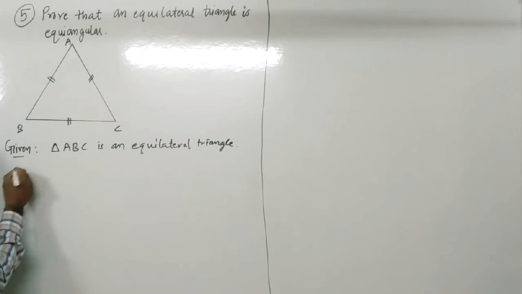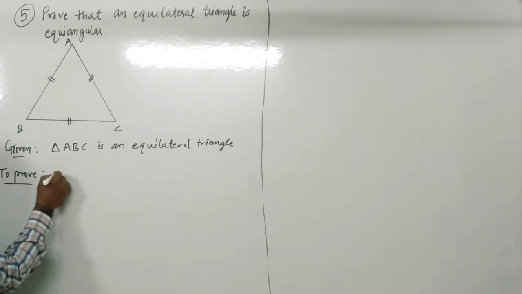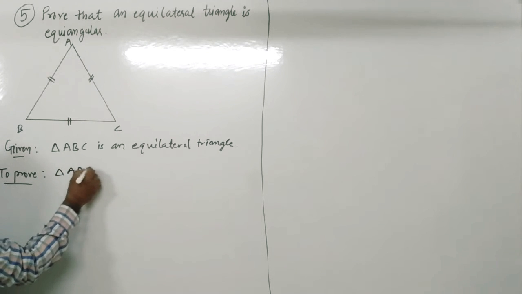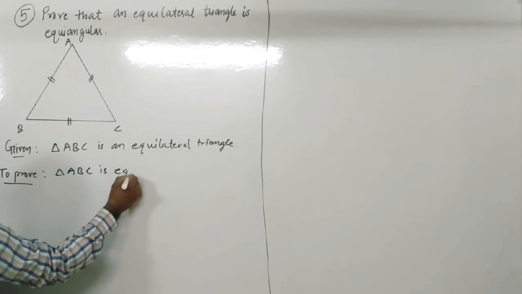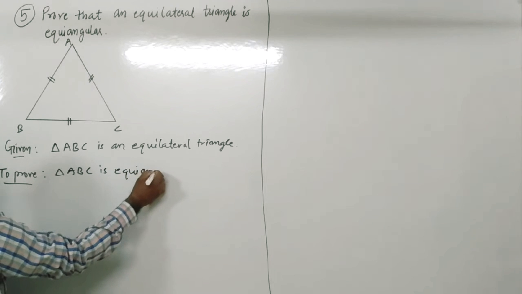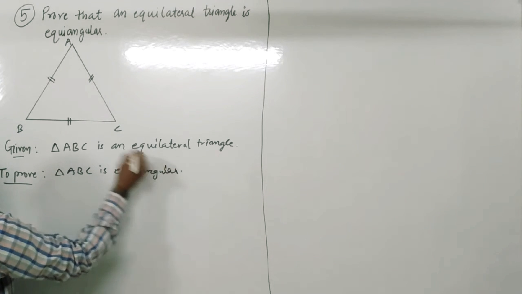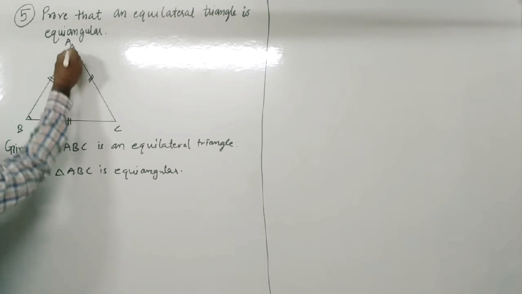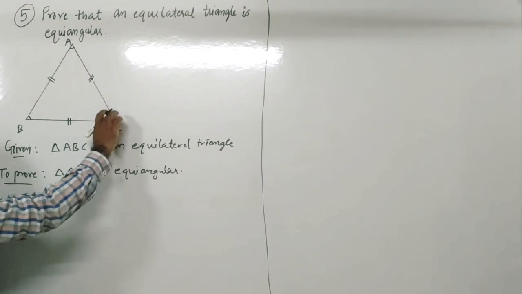What we have to prove? To prove: triangle ABC is equiangular, which means all angles of the equilateral triangle are congruent.